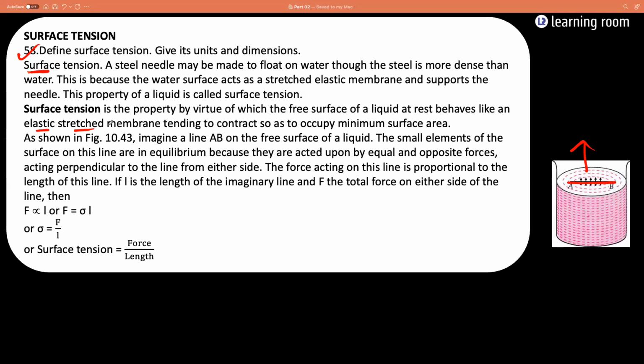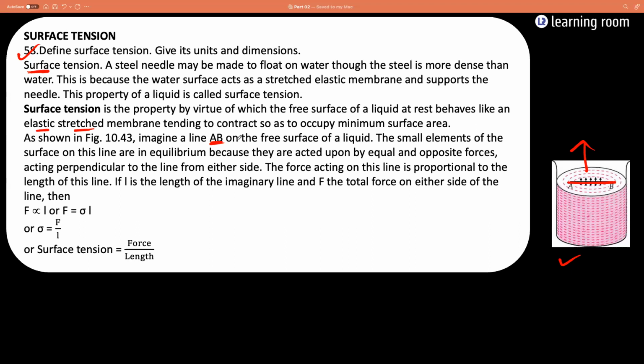If you look at this figure, imagine a line AB on the free surface of the liquid. The small elements of the surface on this line are in equilibrium because they are acted upon by equal and opposite forces.